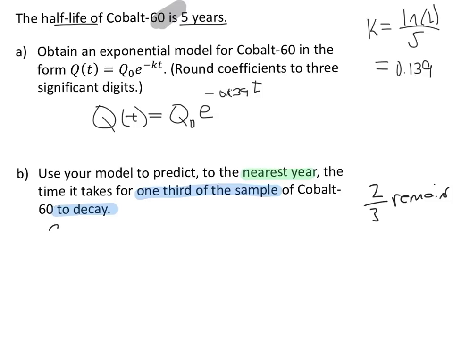So 2/3 of whatever quantity we started with is equal to the quantity we started with times e to the negative 0.139 t.